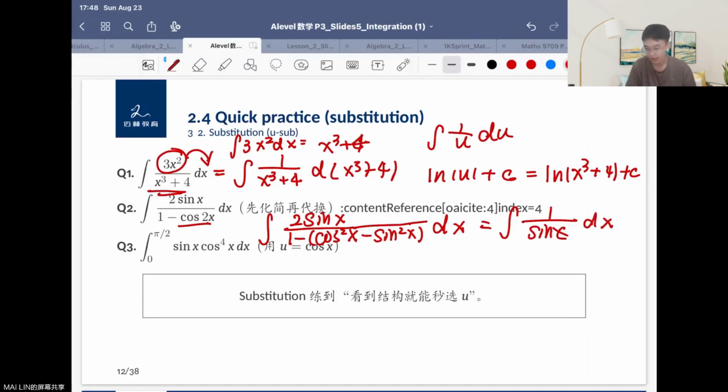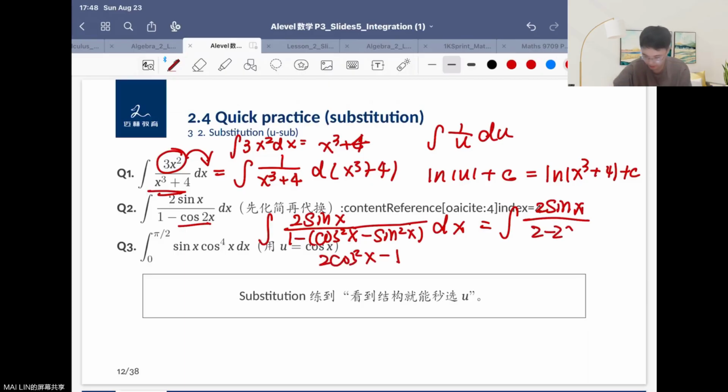For this kind of problem, sorry, here is 1 minus, sorry for that. Maybe here is the integration of 2 sine x, and we can turn it all into cosine x, right? That is 2 cosine x squared minus 1, right?